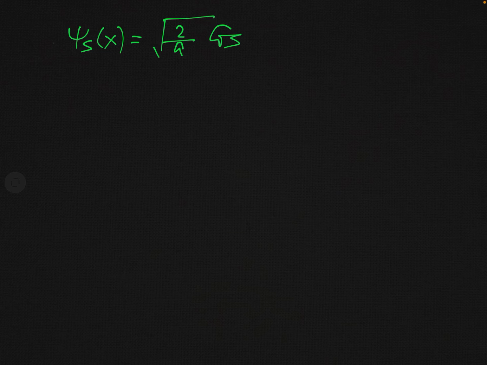So in this condition, this psi s of x can be written as root over 2 by a cos of k, which is 2s plus 1 into pi over a, times x.